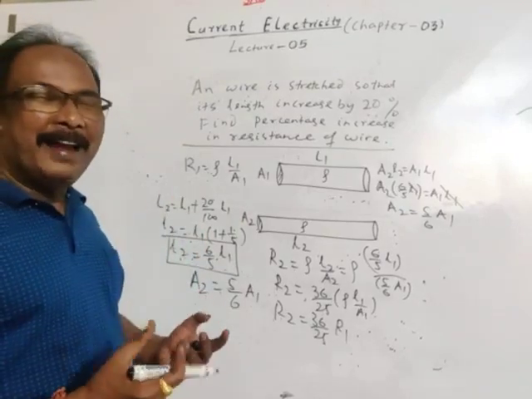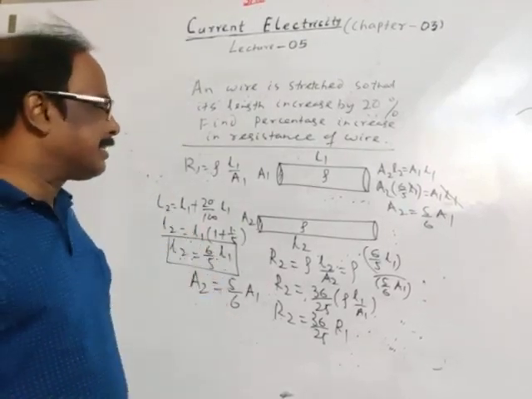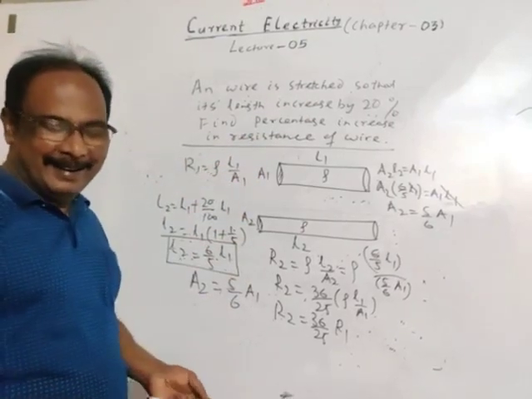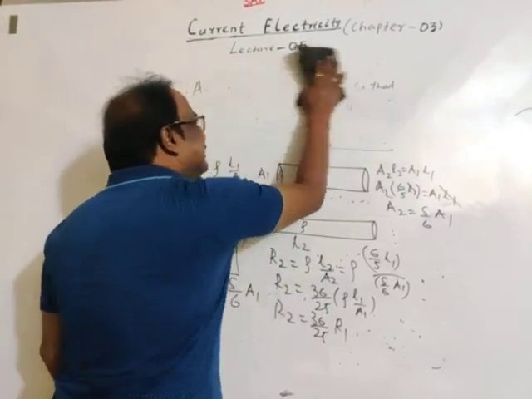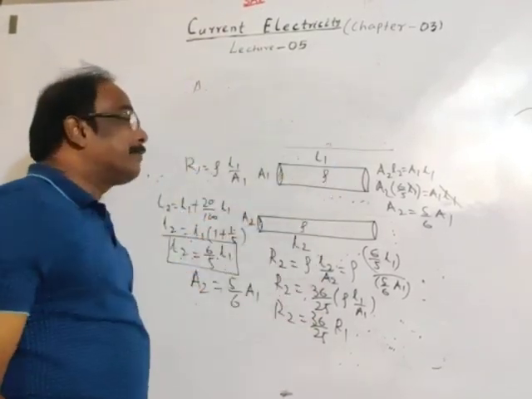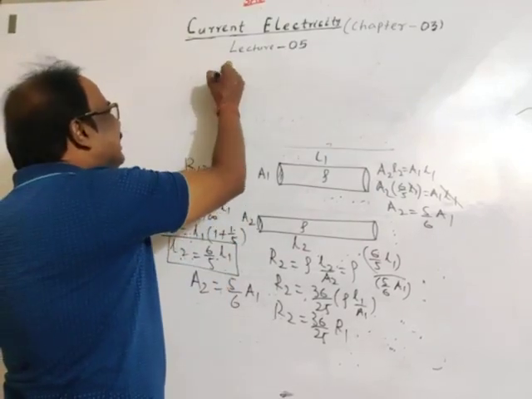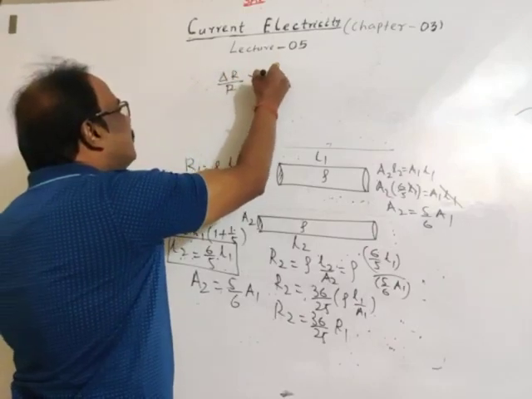We have to find the percentage increase in resistance. You have done the fundamentals. You have already taken the course. So percentage increase in resistance means delta R by R into 100.